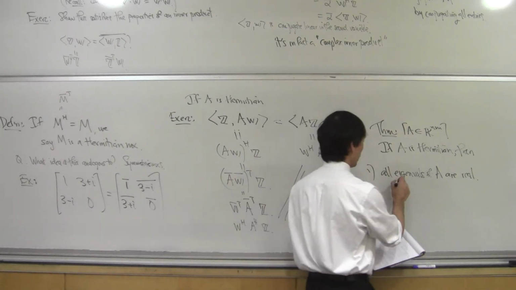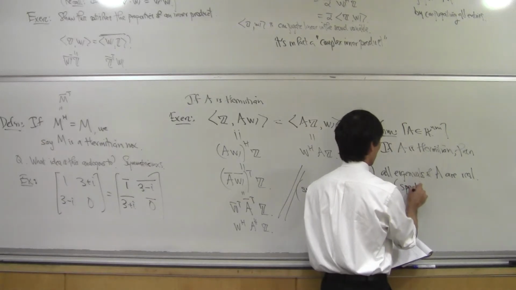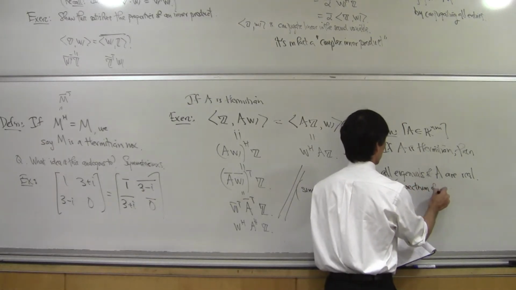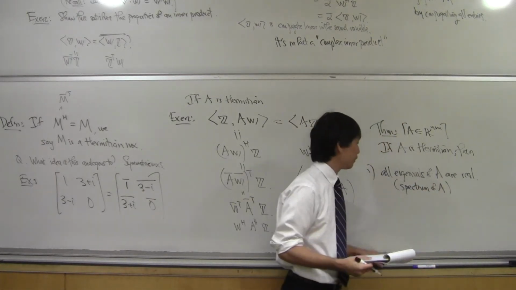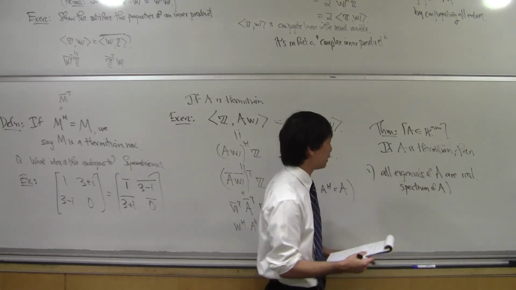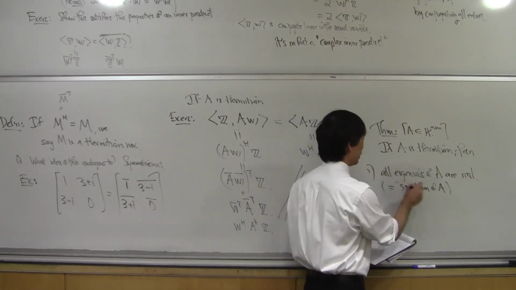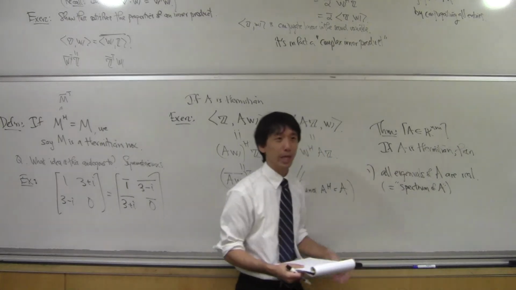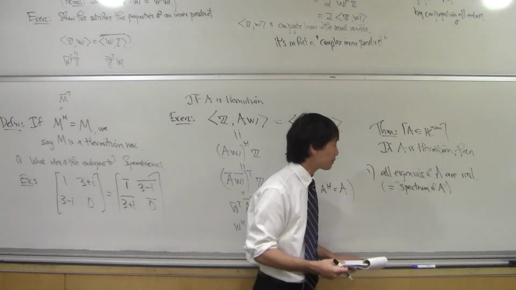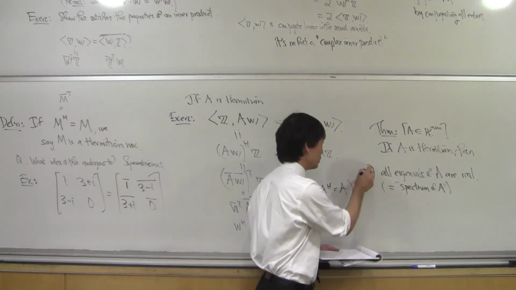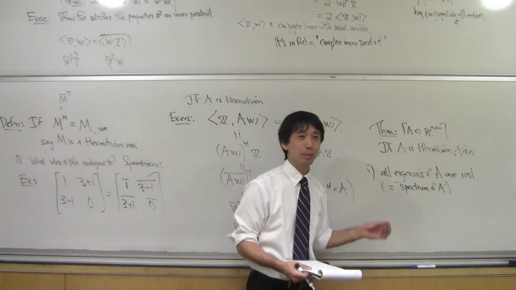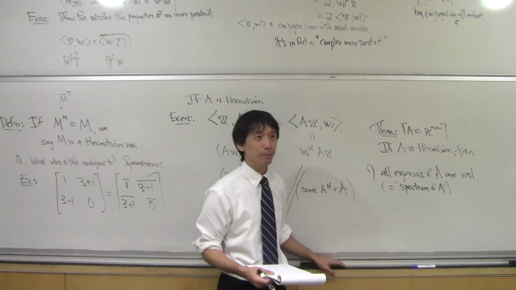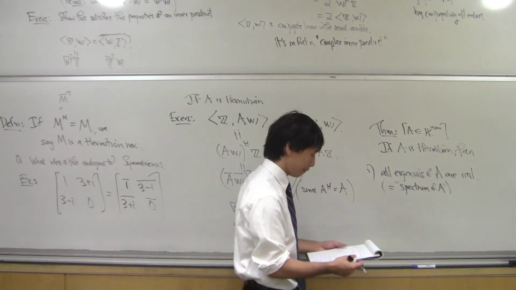There's a term for the set of all eigenvalues: it is called the spectrum of A. I'm just introducing this because next time we'll talk about something called the spectral theorem.